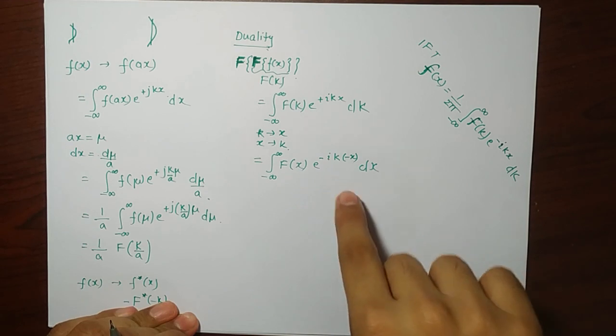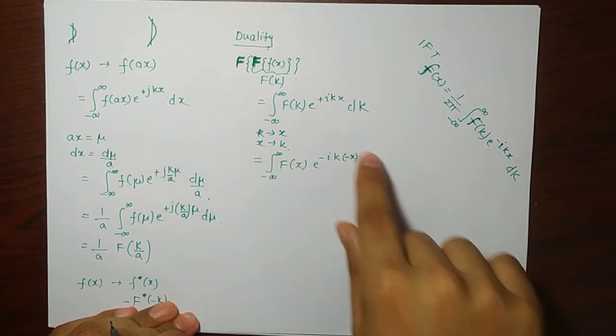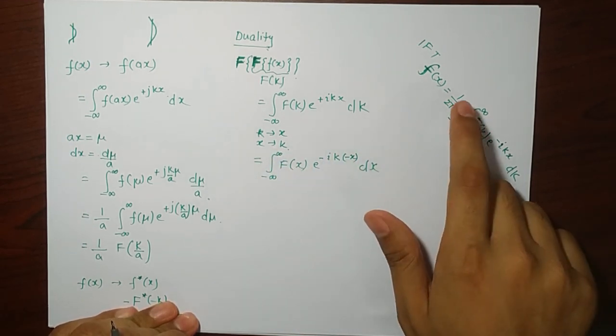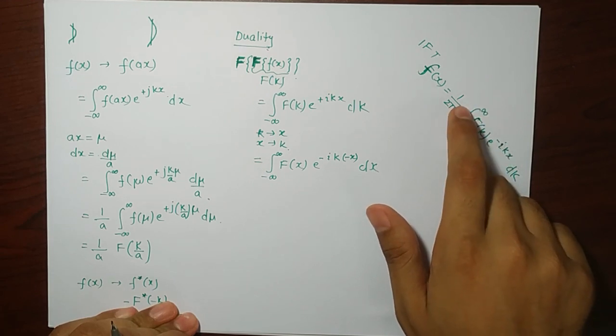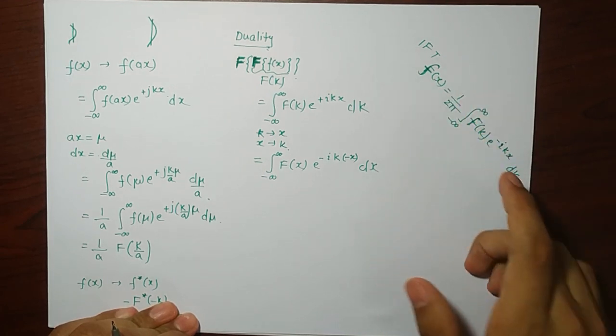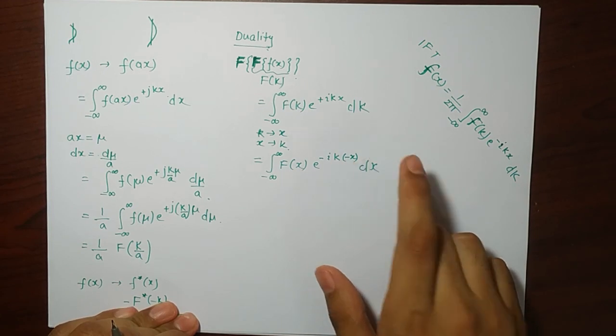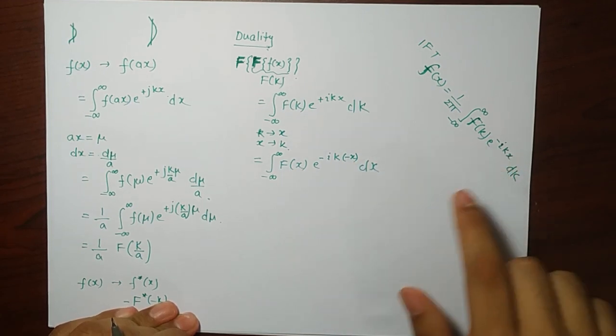Isn't it giving you the same form, except that the 1 by root 2 pi term is missing, and this x is minus x.